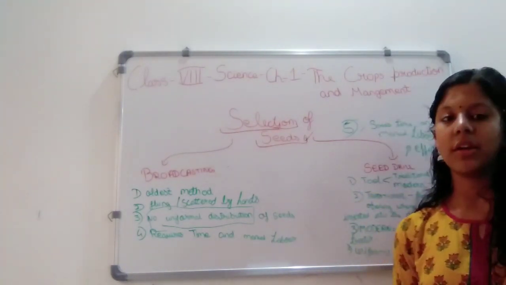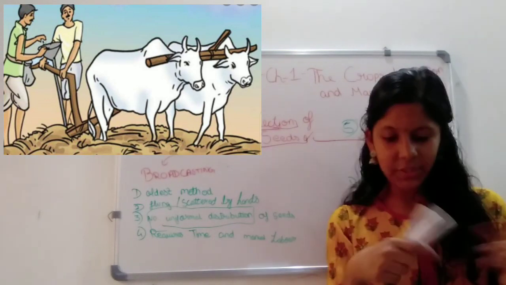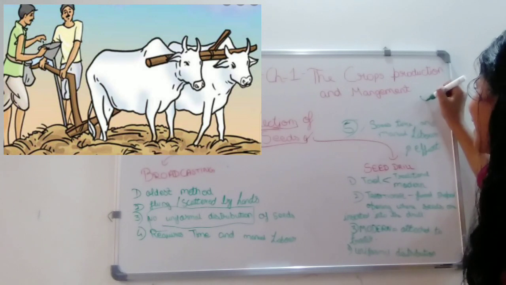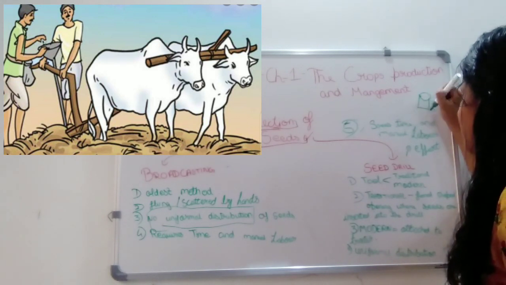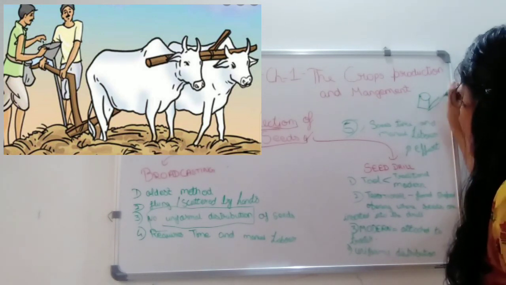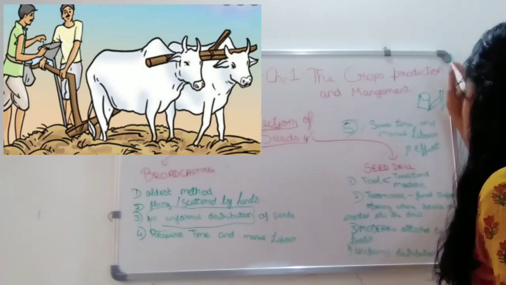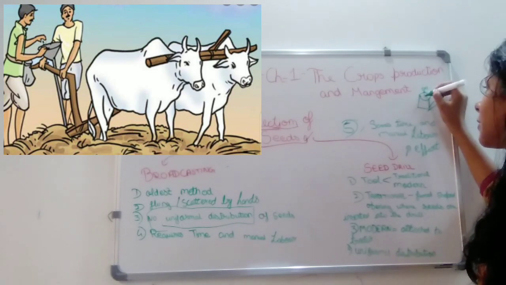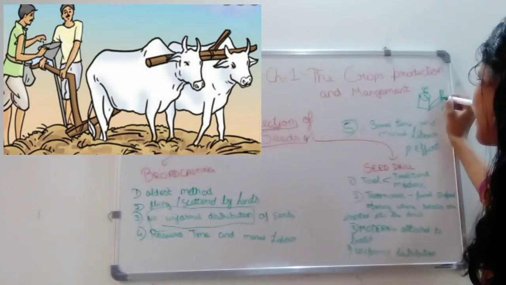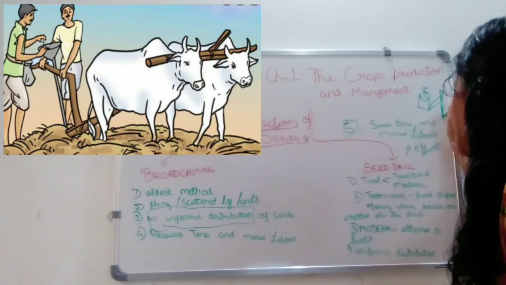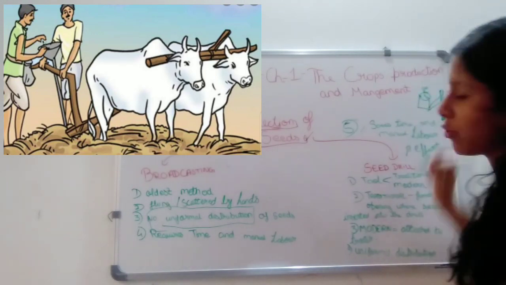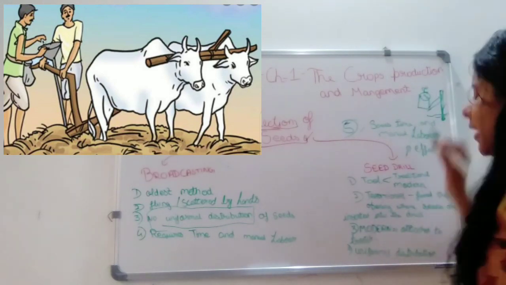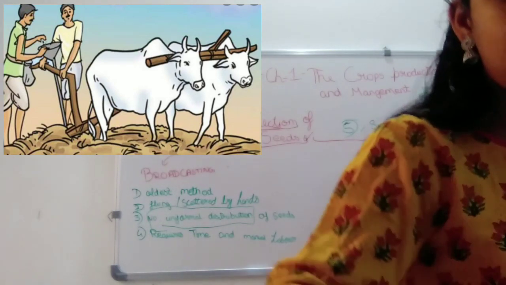As you can see over here, there is a hole, and it should be V shaped. You have to put these seeds into this, and they will be sown like this. So it is very deep. वो narrow होता है, बहुत narrow होता है. So वो एक particular distance में जाता है. Okay, as you can see here.